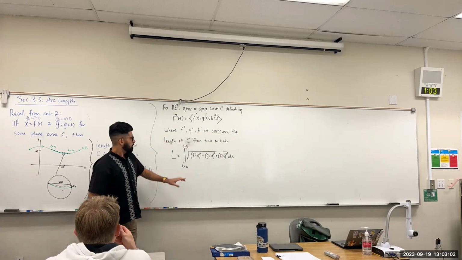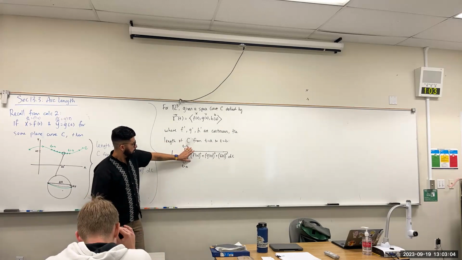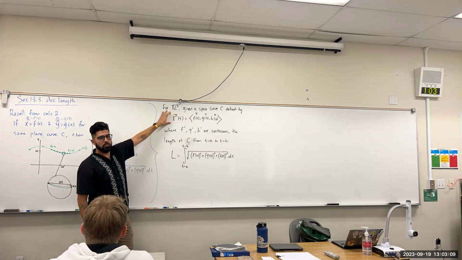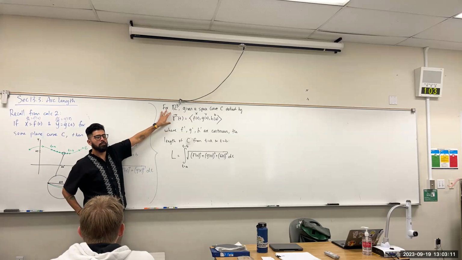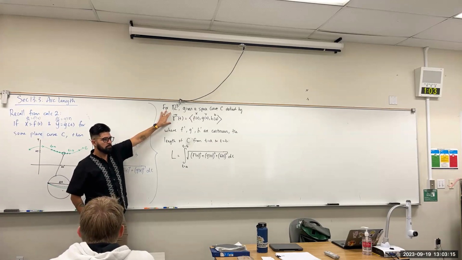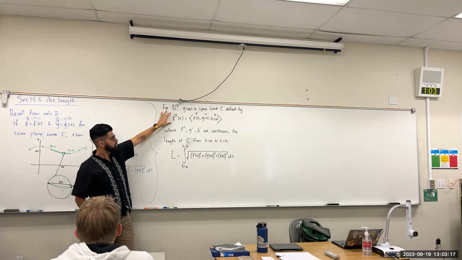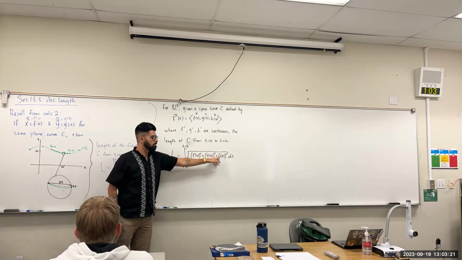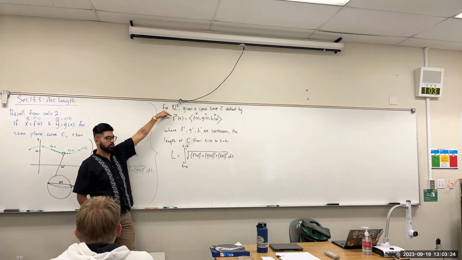Do you guys see any relationship between this expression and the vector function in terms of things you know about vectors? So, length of the vector. What would happen if the primes weren't there? Magnitude. It looks like the magnitude of this, right?